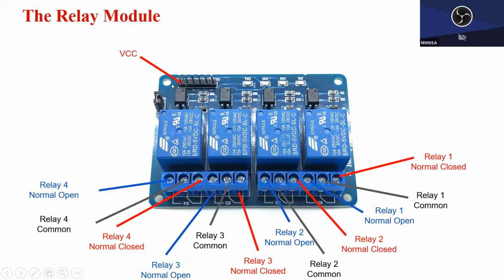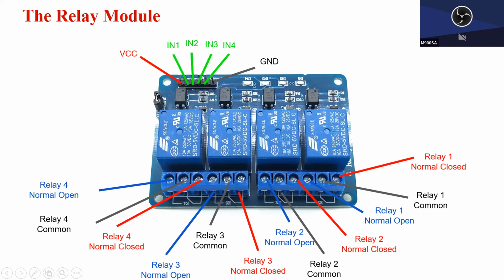On the outer left hand side will be VCC. On the right will be GND. And from left to right, this one should be 4, yeah, 4, 3, 2, 1. I think I miswrote it.